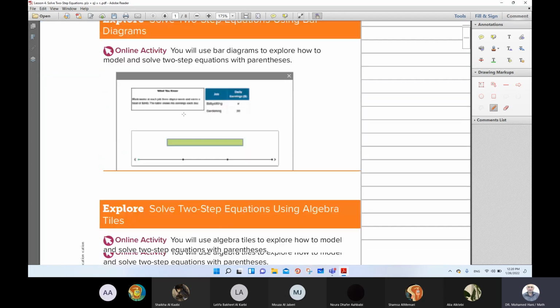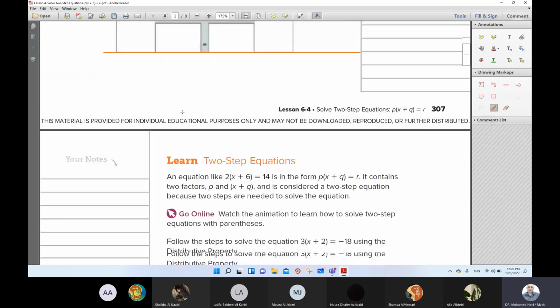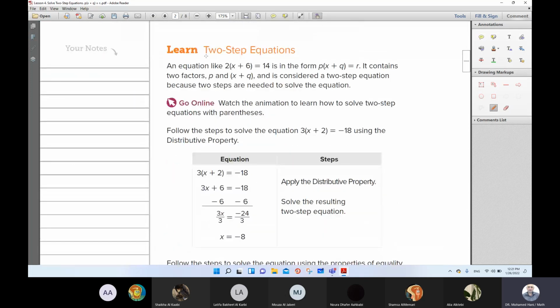The first idea in this lesson: two-step equations. An equation like 2(x + 6) = 14 is in the form p(x + q) = r.